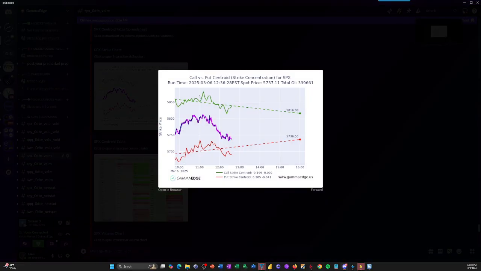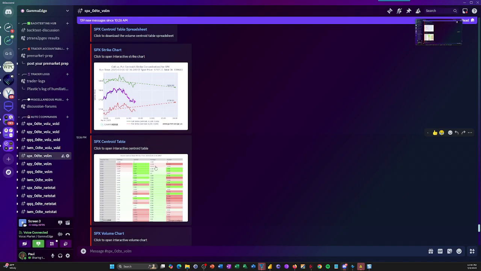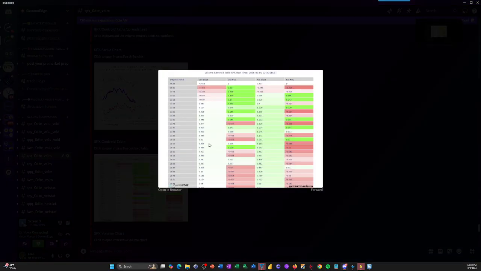Remember, these lines that we have here are the indications of if the market were to continue doing what they're doing, then we would end in this area. But if we start getting shifts, that's what the ROC helps us understand, right? And we can see from the tables that we had clear downward movement that was starting even back at a little after 11 o'clock.